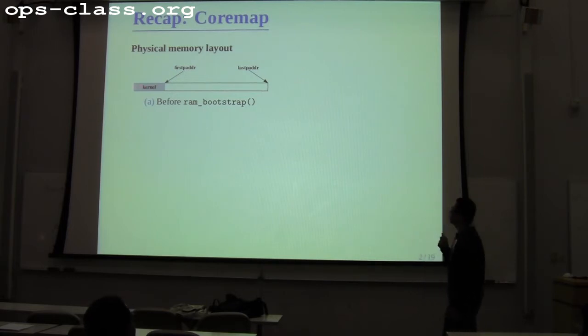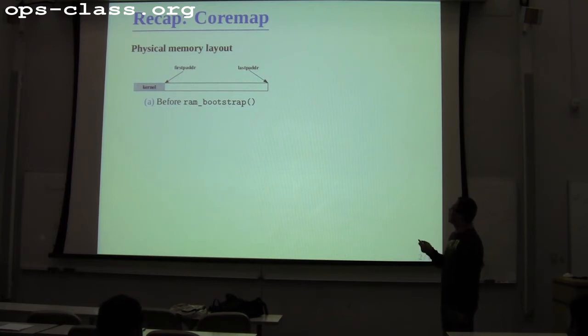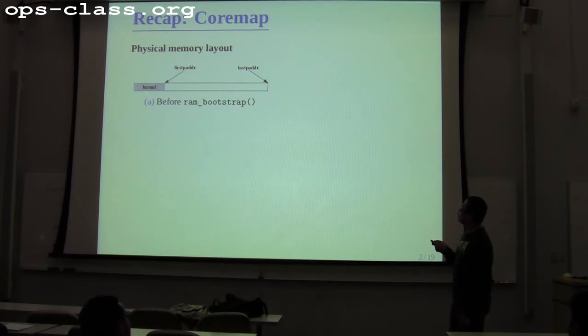In the booting up process, various boot up procedures are called. The very first of them is ram_bootstrap. The function of this procedure is to figure out how many physical memories there are and what's the first available physical address, right?